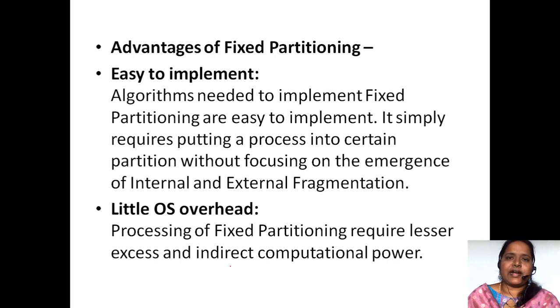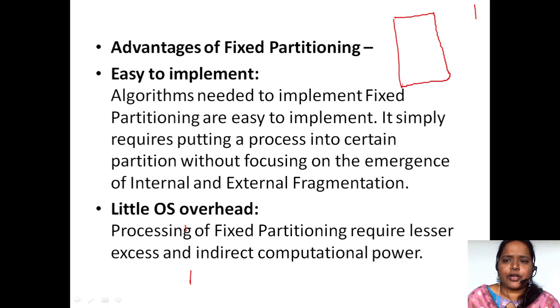So what are the advantages of fixed partitioning? If we divide the memory into fixed partitions, that means constant, the 1, 2, 3, 4 partitions are fixed. So what is the advantage of it? Easy to implement. Why?